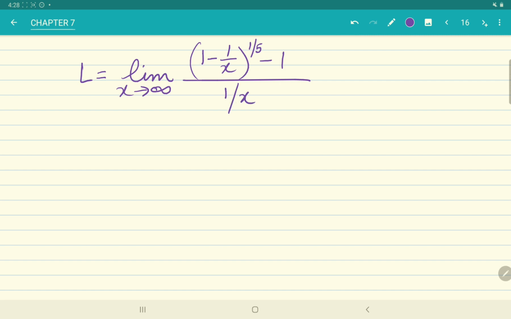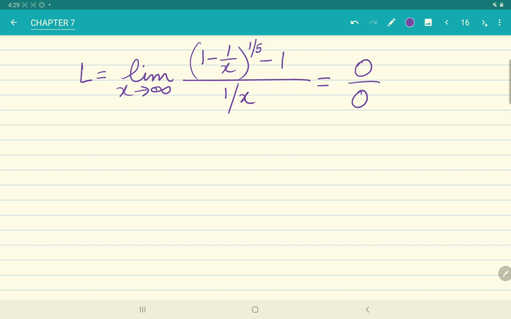Now you can see that both the numerator and the denominator, separately, tend to 0 as x tends to infinity. So this limit is an indeterminate form of type 0 by 0. I'm just trying to apply the extensions. We have A being replaced by infinity here.